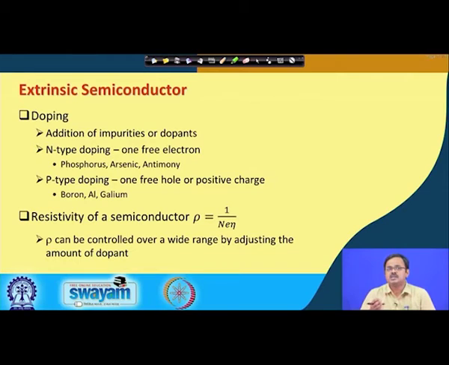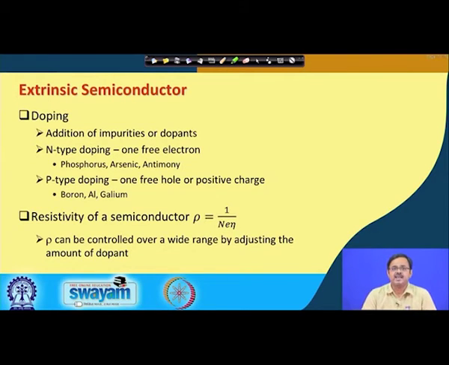Those elements are like phosphorus, arsenic, antimony. Okay. So, these are group 5 elements, phosphorus, arsenic, antimony. These are N-type dopants. What do they have? They have one free electron on the outer shell, which now becomes available for conducting electricity.